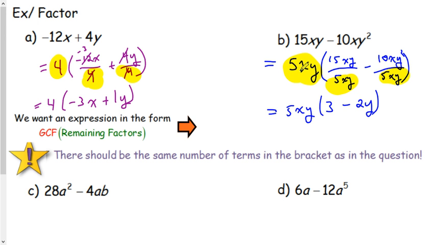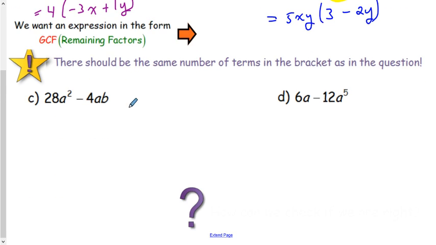So I didn't want to change what the overall equation was. I just wanted to change how it looked. I'm going to stop doing that part in the brackets because that's not really the hard part of what we're doing. And we're going to need to get used to not writing that part.